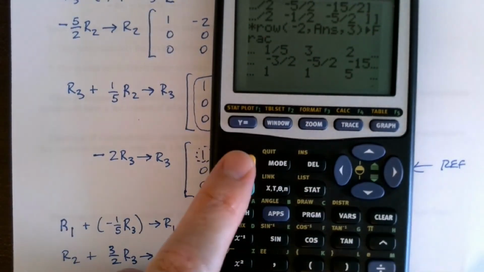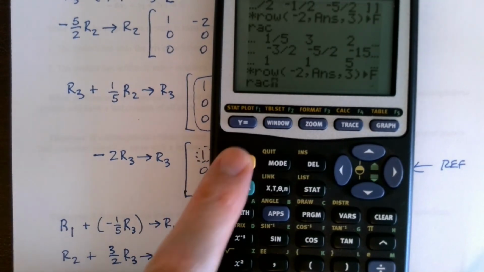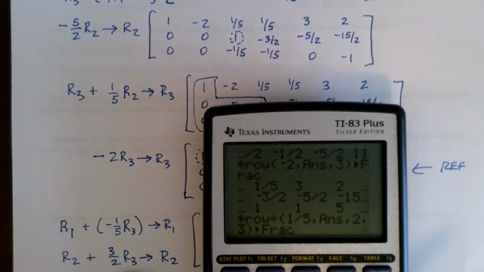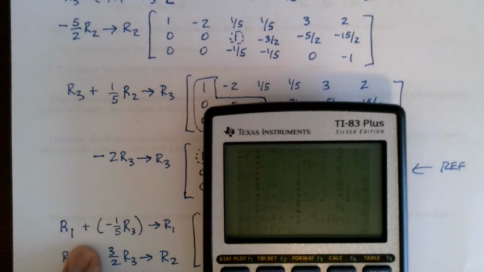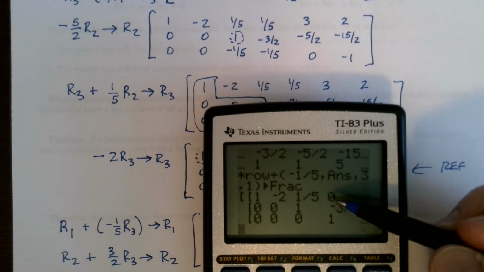So do second entry. Let me edit that. First one, the multiplier is -1/5, so I want to insert a -1/5. Answer the matrix. I'm multiplying row 3, and I'm adding that to row 1 this time. And you'll see that gives me the 0 above that leading 1 there.